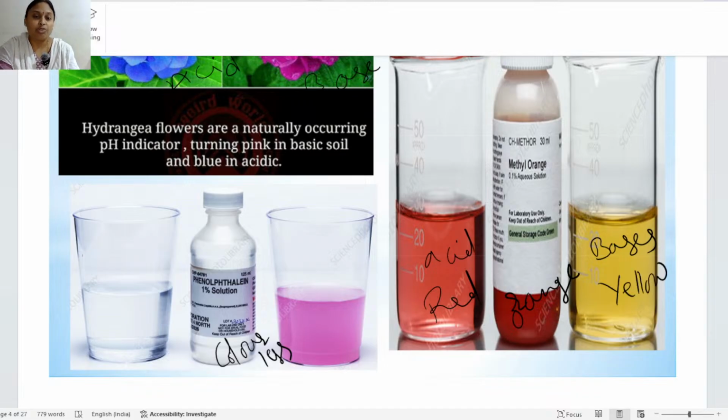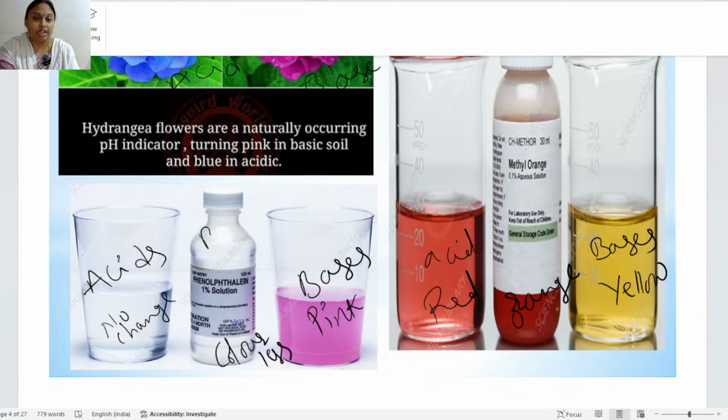And when it comes to the phenolphthalein indicator, it is a colorless solution, and in acids it gives no effect, no change, colorless only. But when it comes to the bases, the color turns pink. So that's why phenolphthalein indicator is called a basic indicator.